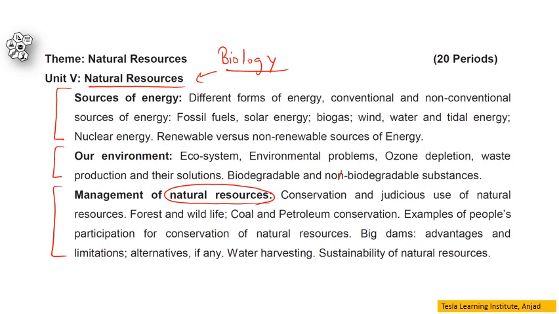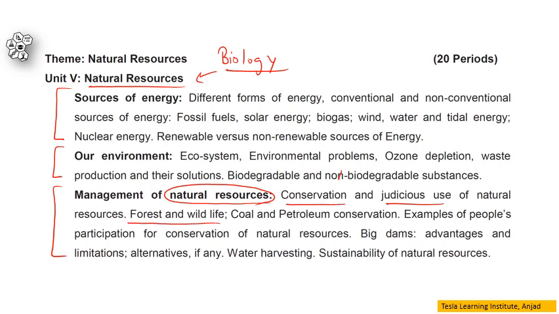So all these are derived from natural resources. But the problem is we are using them excessively. So we need a system where we could manage our natural resources in such a way that we do judicious use and also do conservation at the same time.